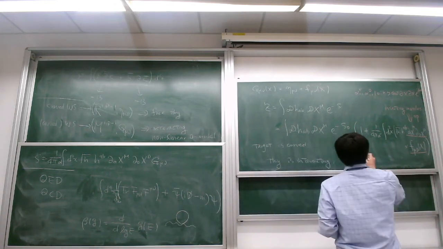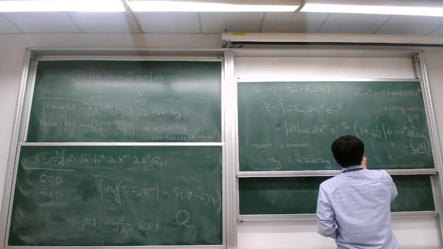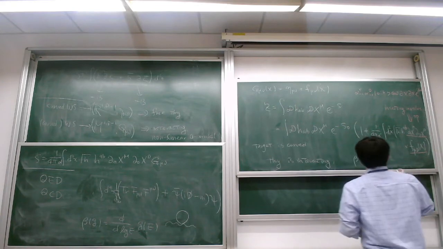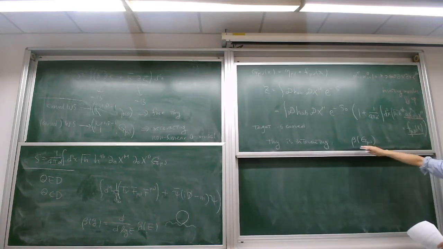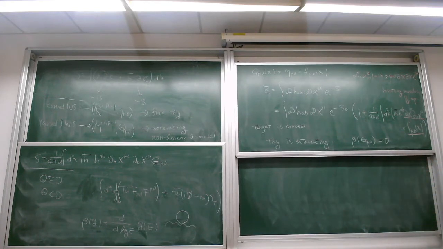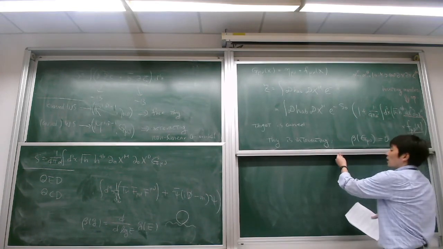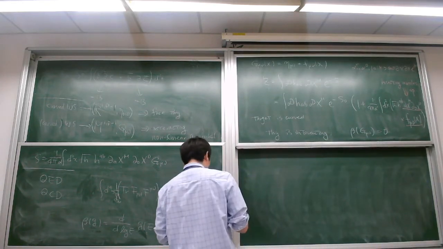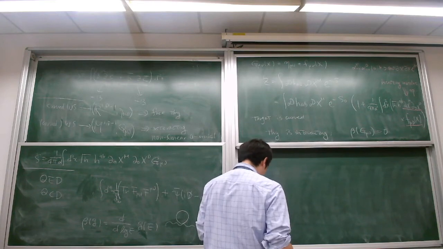The scaling is measured by the beta function of G mu nu. So the beta function of G mu nu has to be 0 to have a consistent quantum theory, to avoid an anomaly.